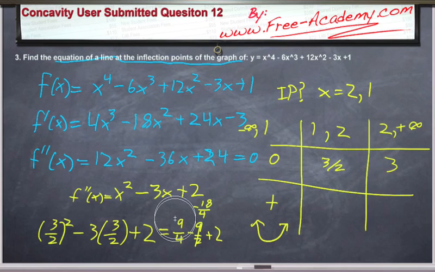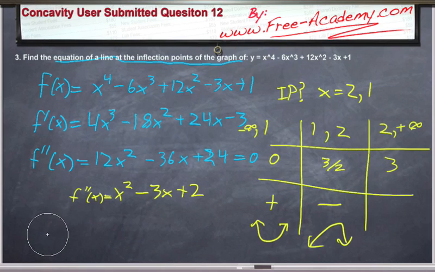So positive 9/4 minus 18/4 is going to be negative 9/4, which is about negative 2.25. And that's plus 2, so this is going to be about negative 1/4. But the important part is that it's negative, so this is concave down.